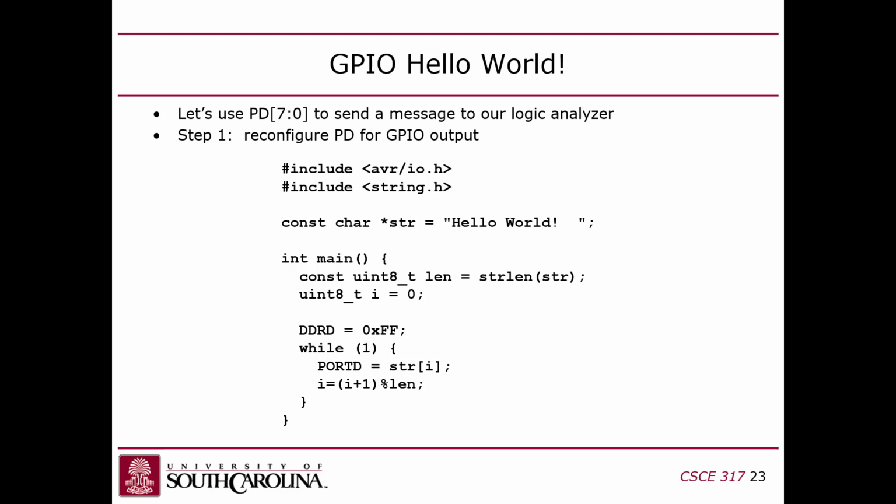The type is uint8_t, which is an 8-bit unsigned integer. And it's initialized to whatever the length of the string is. Now you might say, well, the string's a constant, so the length should be constant. Yeah, but the idea is that you could then change this string, and then the length would adapt to that next time you compile.